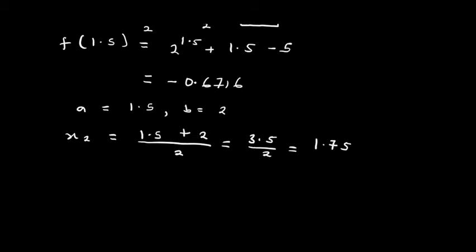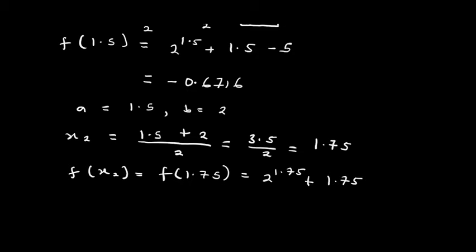So the next thing I'm going to do is say f of x2, which is the same thing as f of 1.75, equals 2 to the power of 1.75 plus 1.75 minus 5.